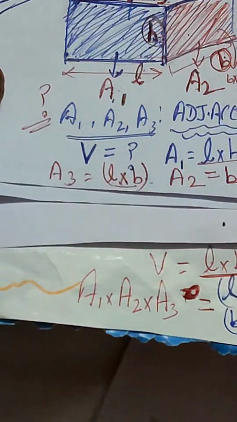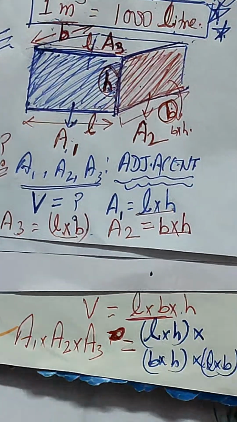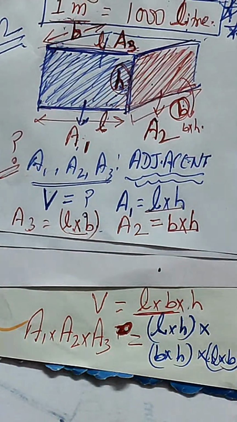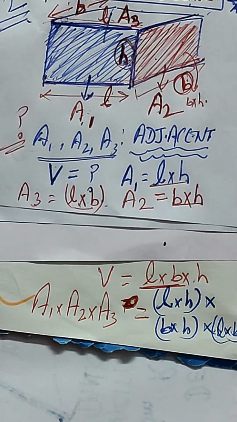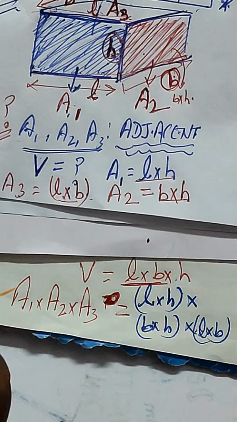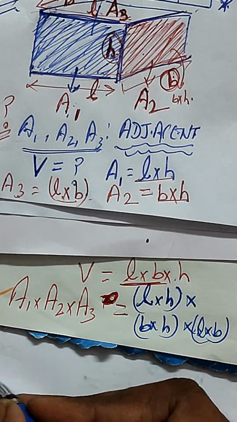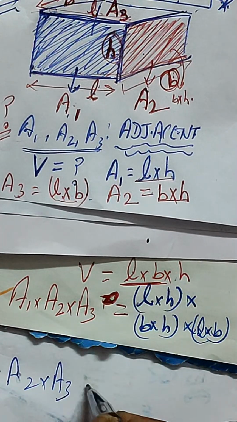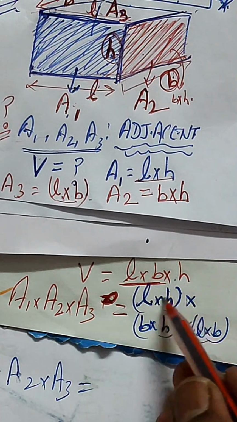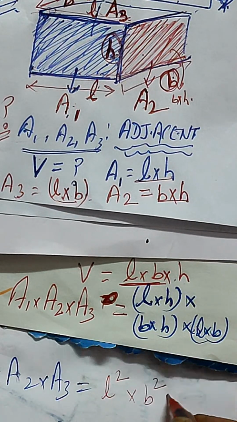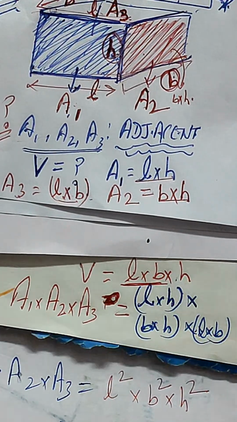After this, due to some crunch of paper, but I will make sure that next time the paper will be sufficient. So when you multiply all these together, what you will get? A1 into A2 into A3 is equal to L square, B square, H square.